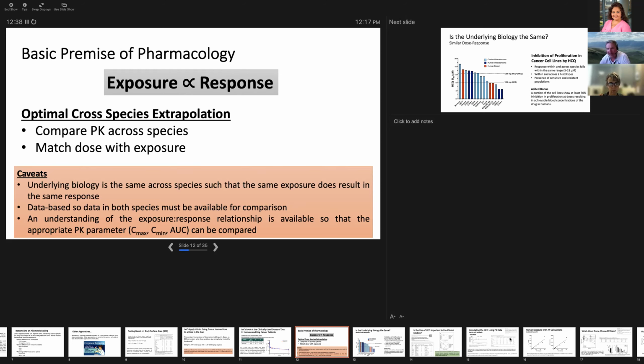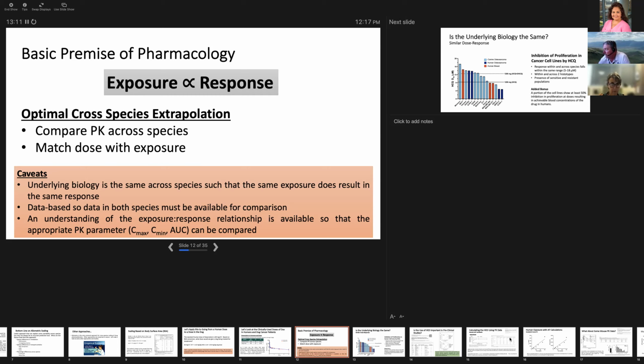Now, there's a couple of caveats in here. One is that the underlying biology is the same across species, such that the same exposure does result in the same response. And that may not necessarily be true with a lot of targeted agents because of the underlying mutational spectrum associated with the tumor and the driving response. Not in mice implanted with human tumors, because what you're treating is the human tumor, but if you're treating a mouse tumor or a tumor from some type of syngeneic or other species, that can differ.